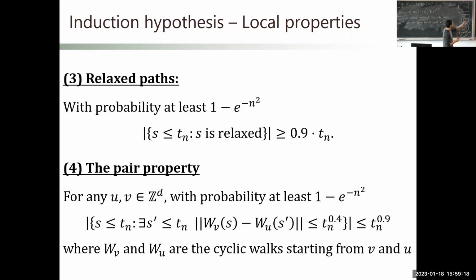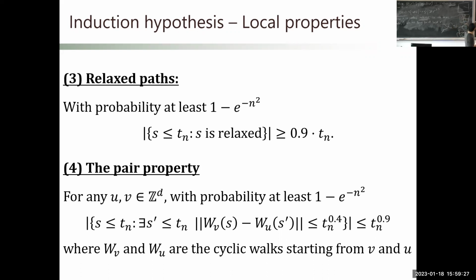Right. Okay, I see that I'm almost out of time, but maybe I will just tell you about the last idea, which is a certain multi-scale improvement. The question is the following. You have a bunch of inductive assumptions that hold with really high probability. But the longer the walk, you need better and better probability.